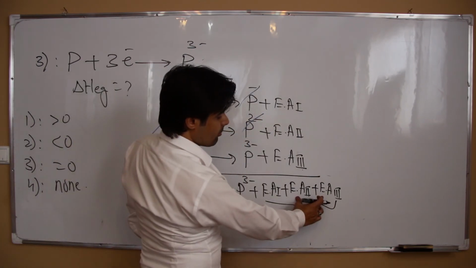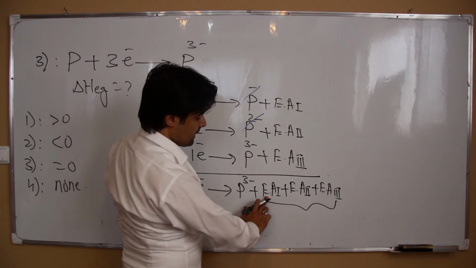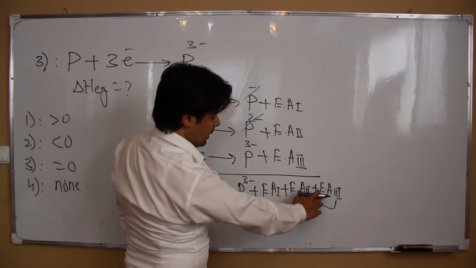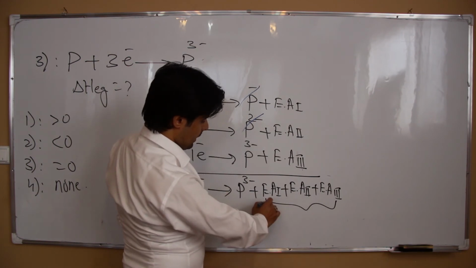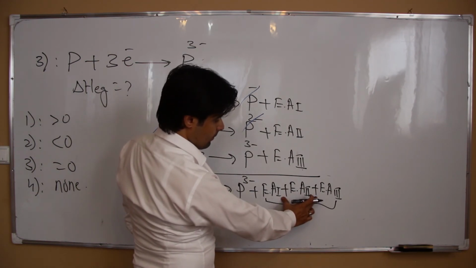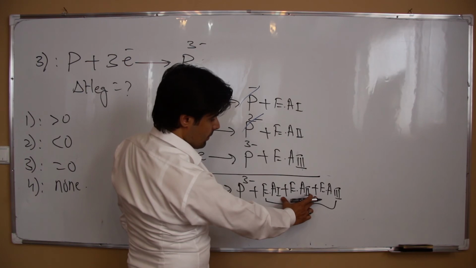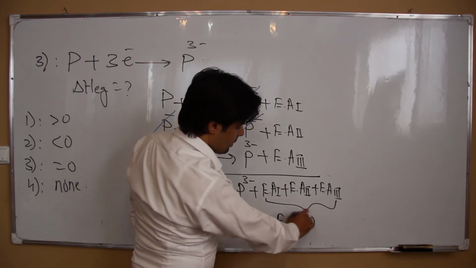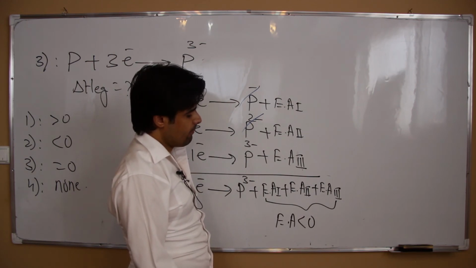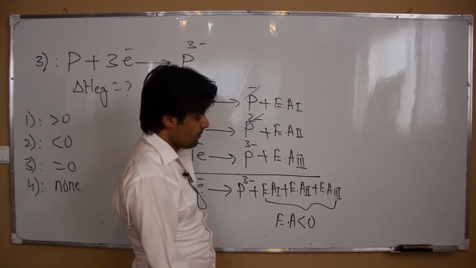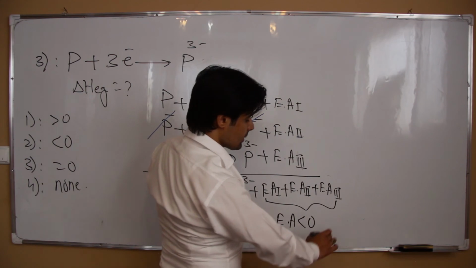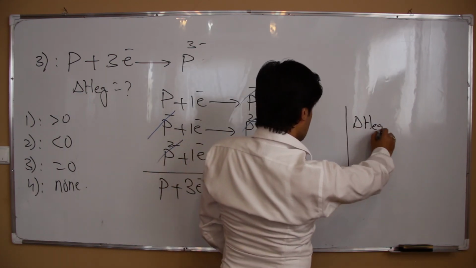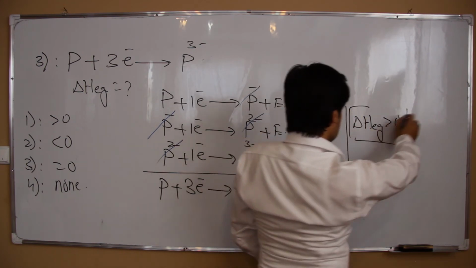These two are negatives and this is positive, smaller than those ones. Then all of them together would be negative. Electron affinity would be negative. If electron affinity is negative, now what is electron gain enthalpy? Electron gain enthalpy would be positive.